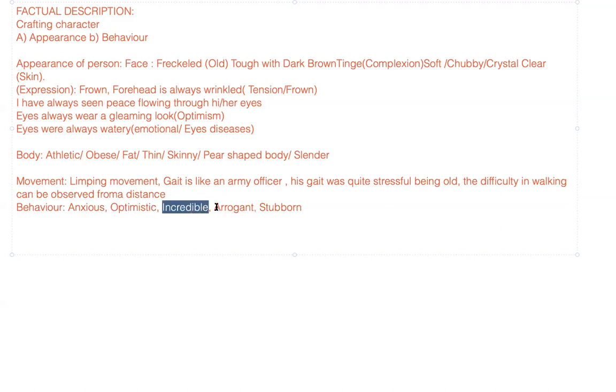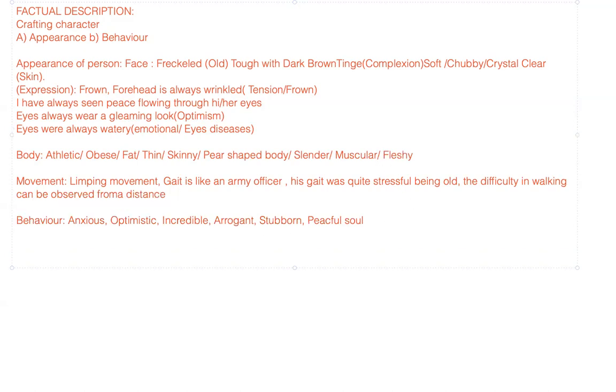Incredible is unbelievable. Arrogant is a mixture of angry plus not being ready to change your viewpoint, and stubborn is almost similar. Or we can say he or she is a peaceful soul. Here, in body, I just recollected, we can have a muscular body also, or a fleshy body.